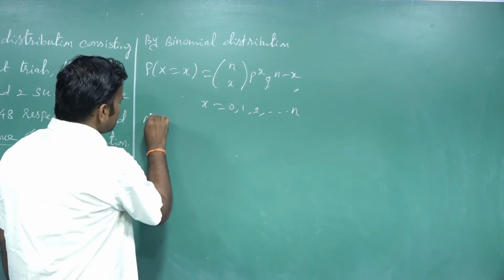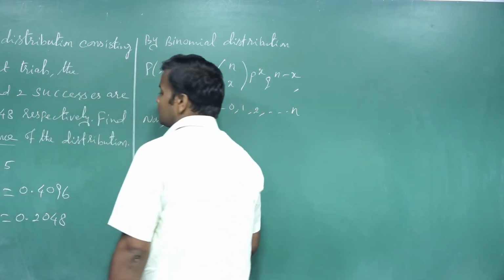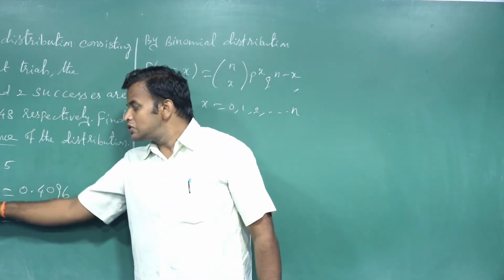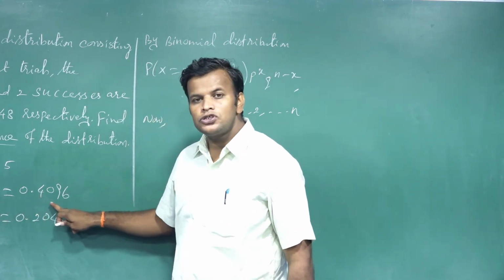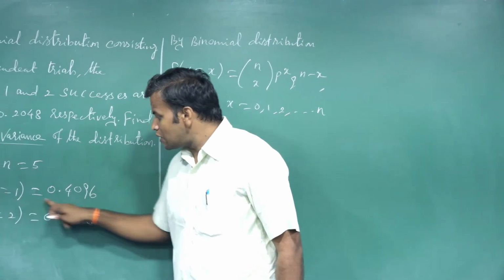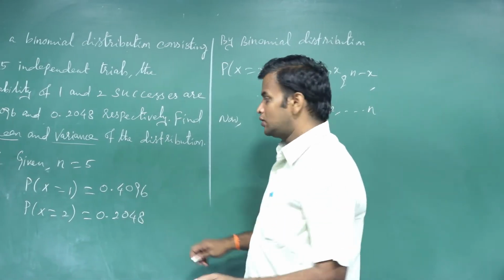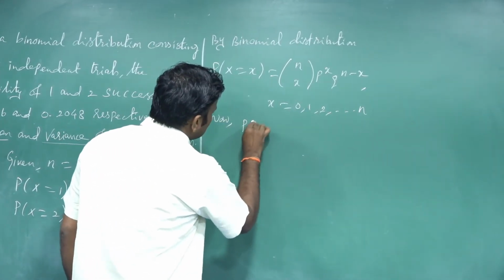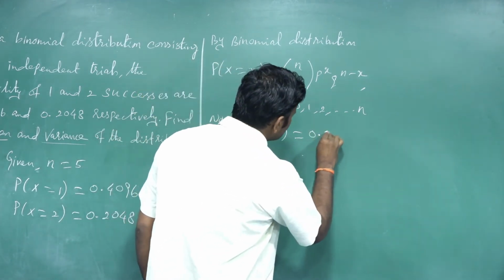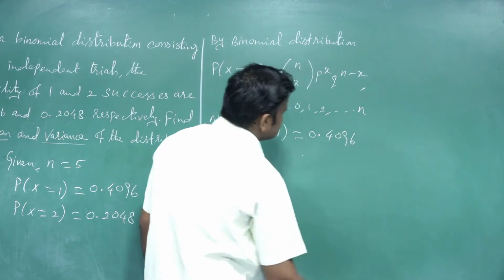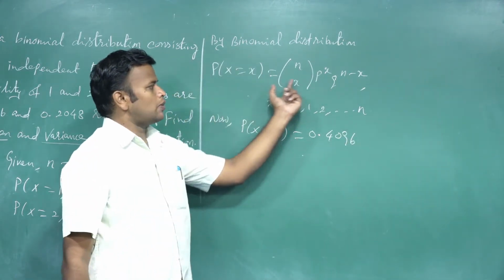Now we will take our given data. We will take one of the given data. Now P of x is equal to 1. The value of P of x is equal to 1 is nothing but 0.4096. Using this concept, we find one equation. P of x is equal to 1 is equal to 0.4096. In the LHS, we use the formula.